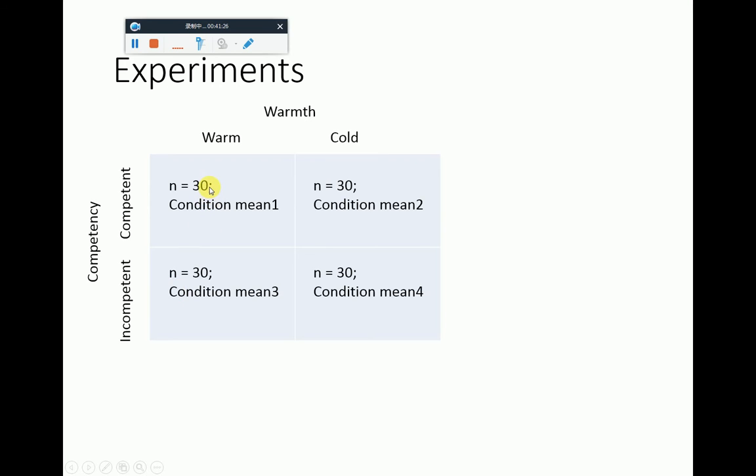And we say that we put 30 people into each of these conditions, and each group of people will produce one condition mean. Condition mean just means another word for average. Condition mean for condition 1, mean for condition 2, mean for condition 3, mean for condition 4.